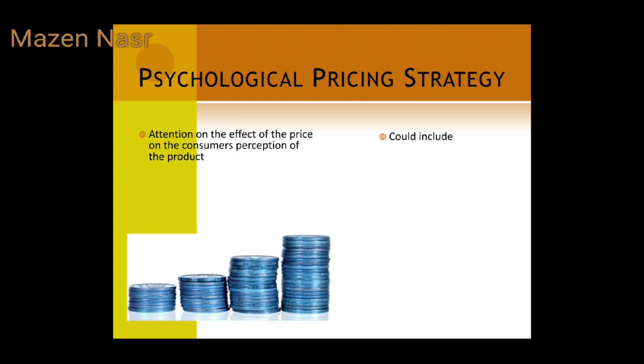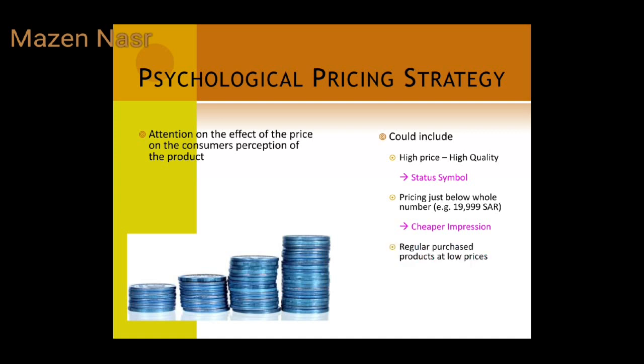Psychological pricing is just a way of pricing where I draw the attention of customers. I play on the perceptions of my customers. Sometimes I sell a product with a very high price because some people care about getting a high price product because they feel like they have a status.